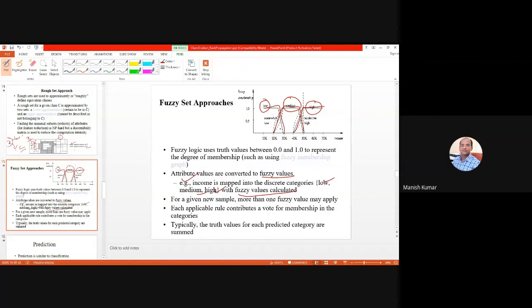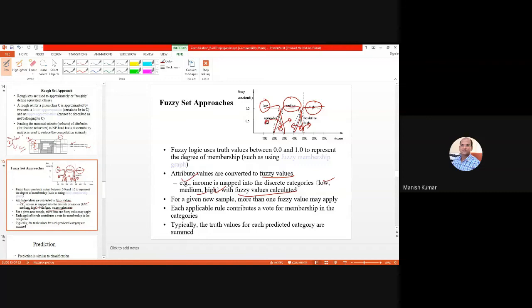So when any sample belongs to this portion, it may belong to low, it may belong to medium also. In this case, it may belong to medium, it may belong to high also. When we define such a classifier with fuzziness, that is referred to as the fuzzy set approach.